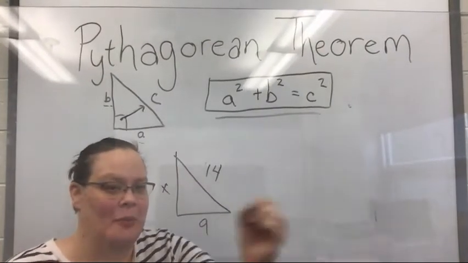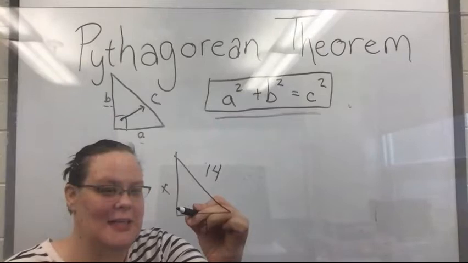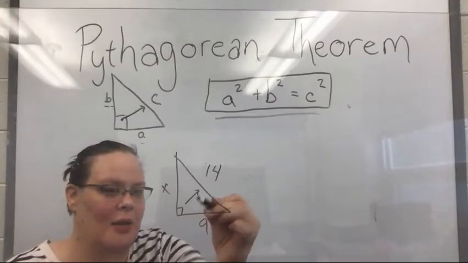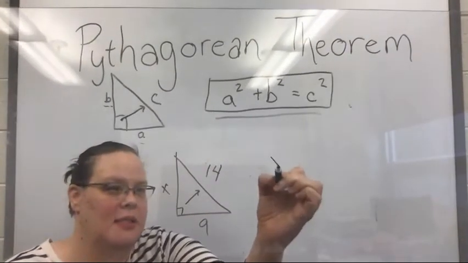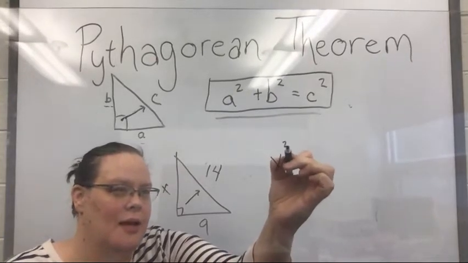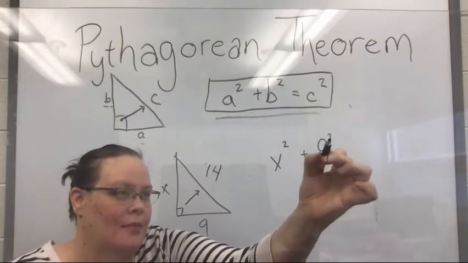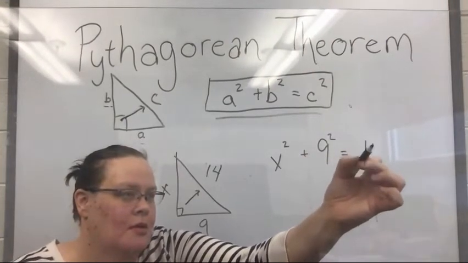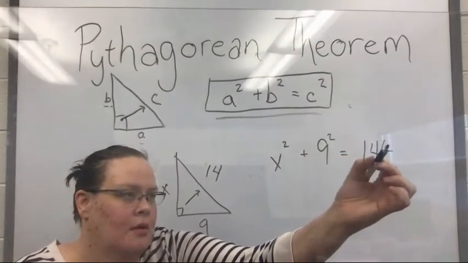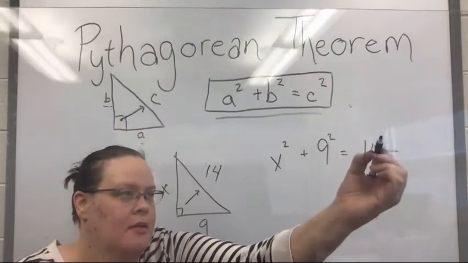Okay, here's another problem. Remember that we want that C to be the side right across from our right angle. So as we set this up, make sure that you're noticing that that X is actually a leg this time. Well, this is 14 squared.